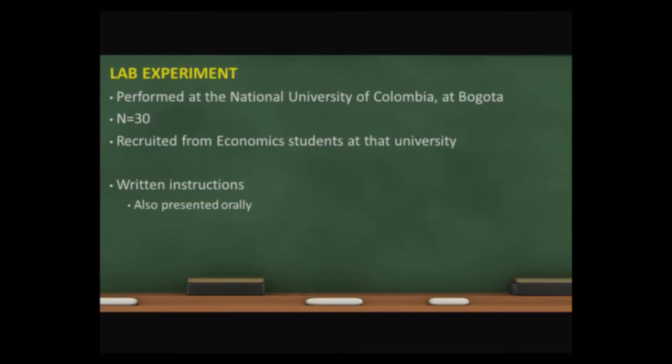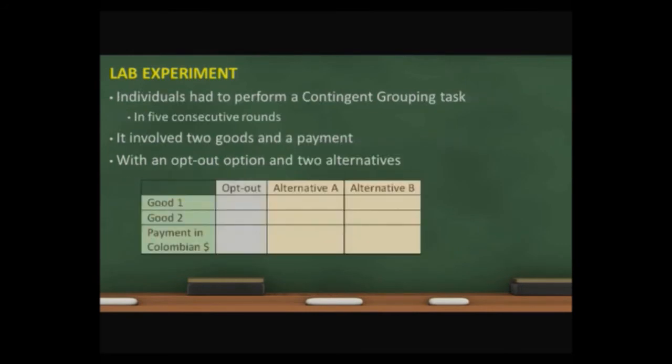I'll take you through a summary of those instructions. If that were the room, all of you would have to perform this contingent grouping task in 5 rounds. We do it once, we collect information, we make the calculations, we do it twice, the same, 3 times, 5 times.